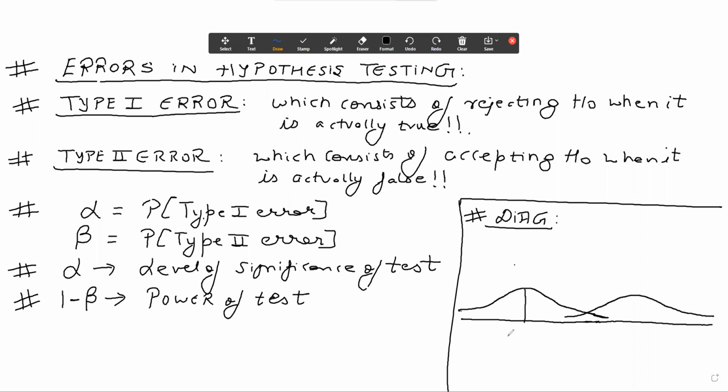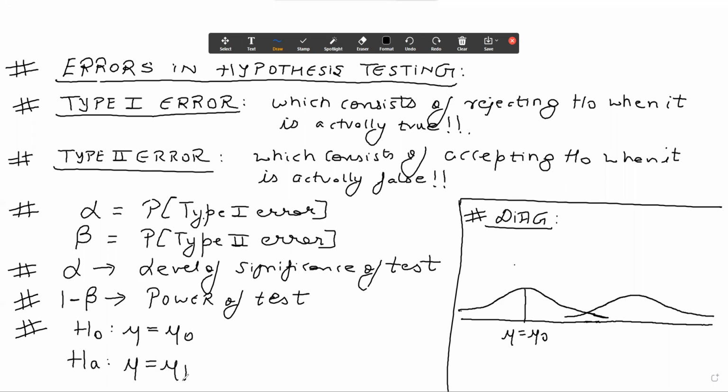One is centered at mu equal to mu0, because in the example which we had taken in the previous lecture, we set up the hypothesis for the population mean mu. So guys, my null hypothesis is mu equal to mu0, and my alternate hypothesis is mu equal to mu1.